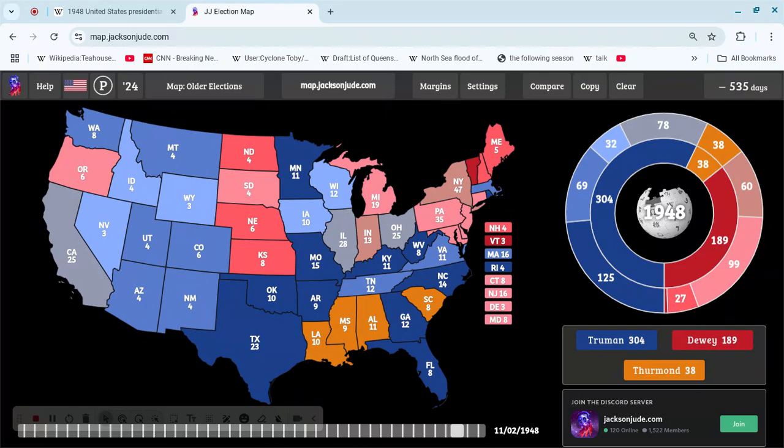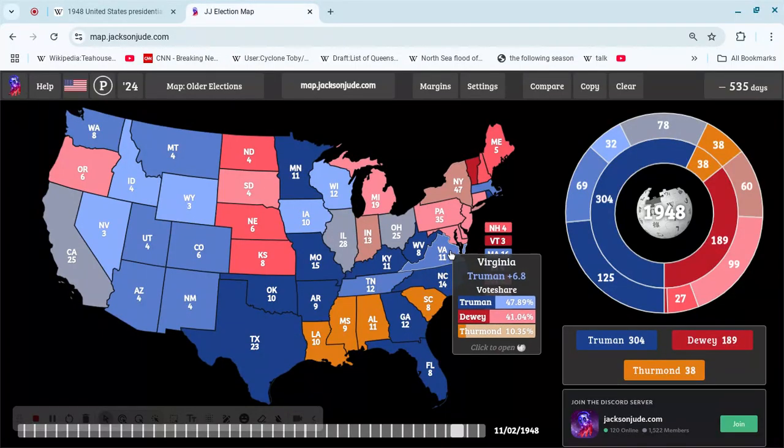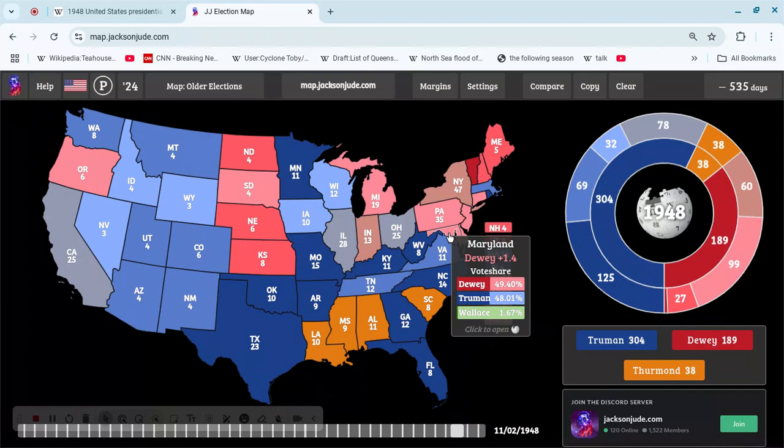Whereas, put this in comparison to New York, you would have only needed slightly more than 50% of the Wallace voters to have supported Truman. In any case, now you're adding, what is it?